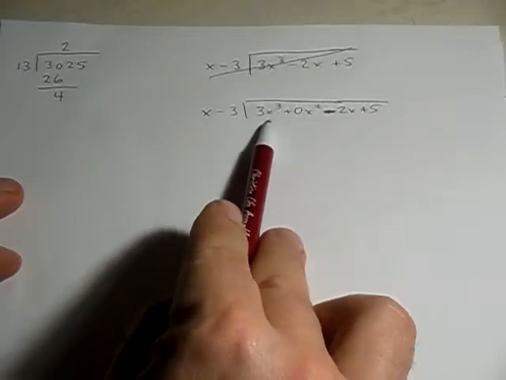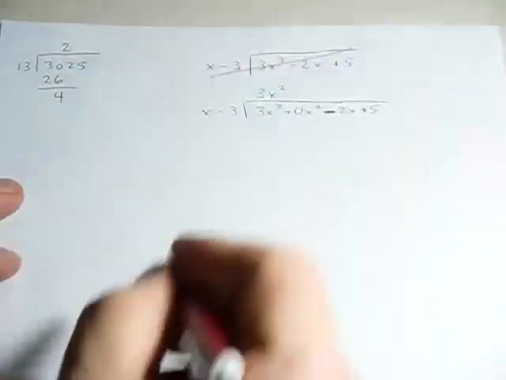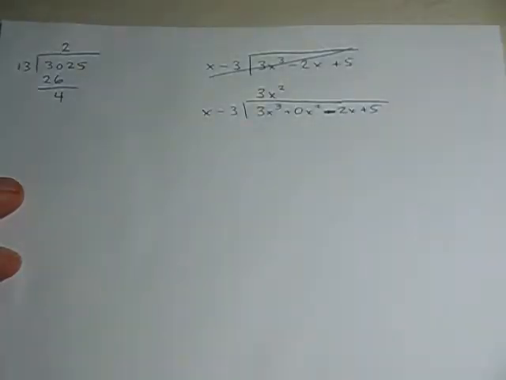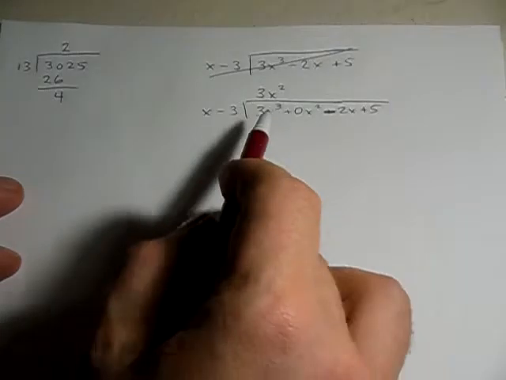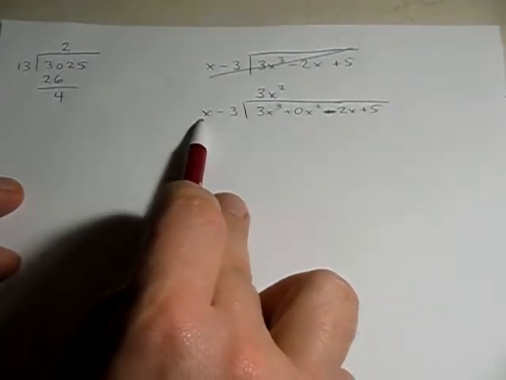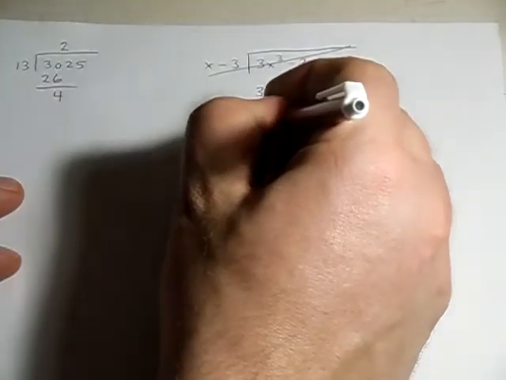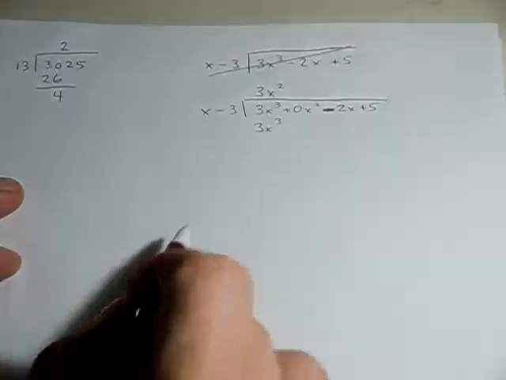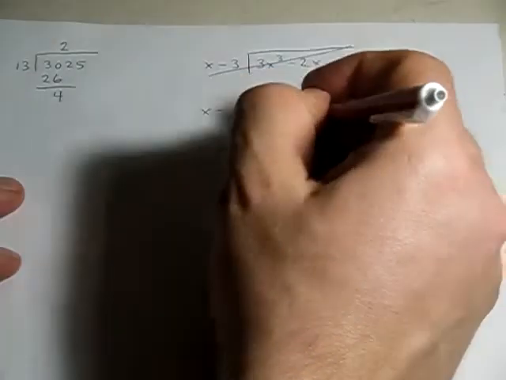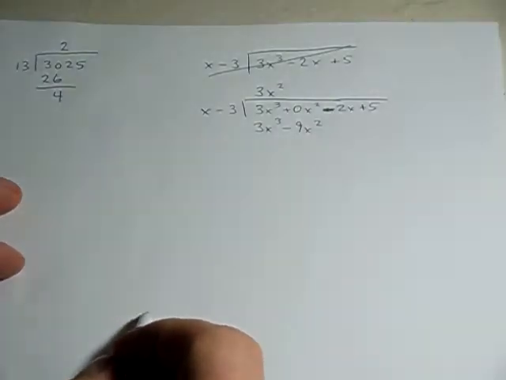So 3x to the third divided by x is 3x squared. So that's the divide. Then multiply. Well, 3x squared needs to be multiplied times x minus 3. So 3x squared times x is 3x to the third. 3x squared times minus 3 is negative 9x squared.